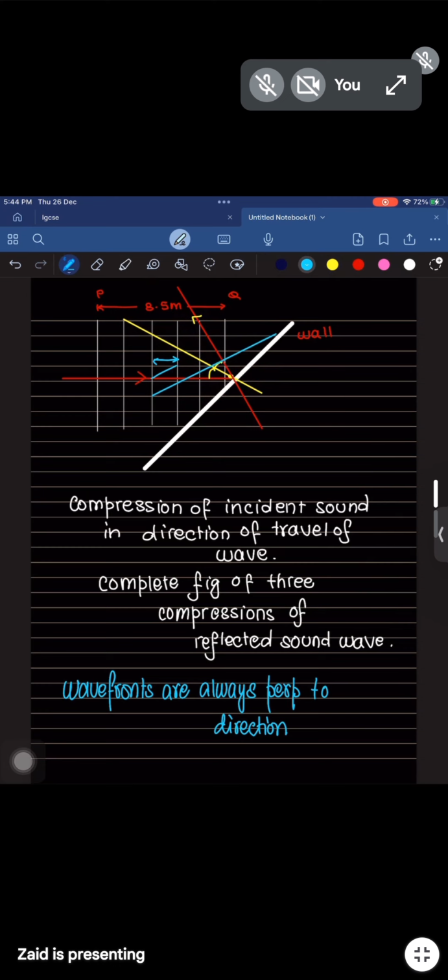Number two, they should be equidistant parallel lines, and this can be the third one. Is it clear? When you draw using measurements, it's going to be even more accurate. First one, second one, and you can draw the third one like this.